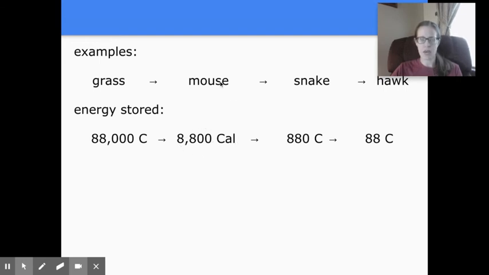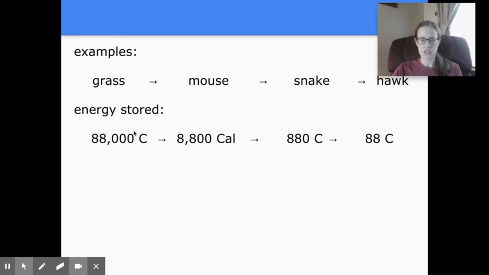And then if a snake eats the mouse, of those calories that it got from the grass, 880 of those calories get passed to the snake. And then when the hawk eats the snake, of the original calories stored by the grass, 88 calories get stored in the hawk.